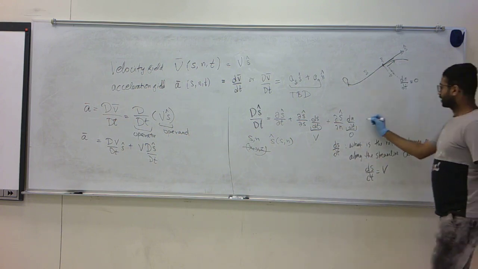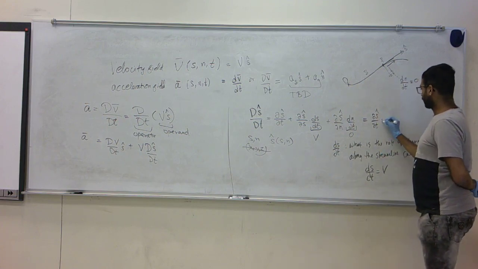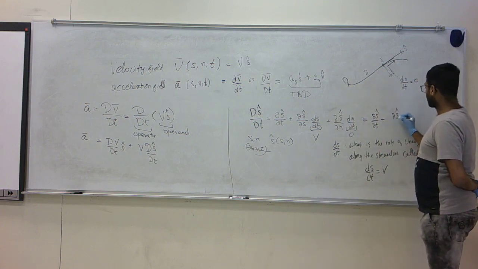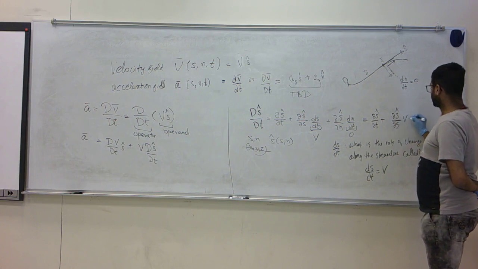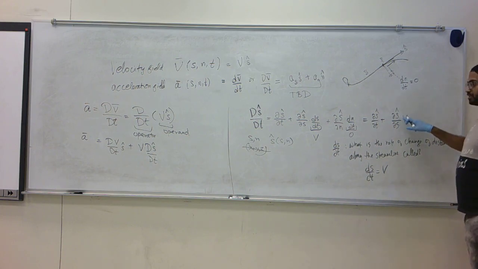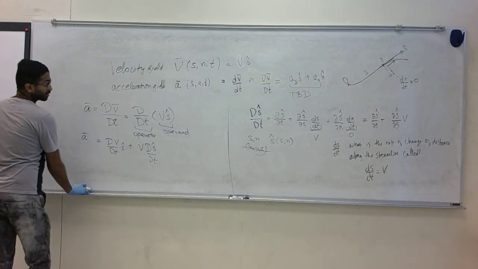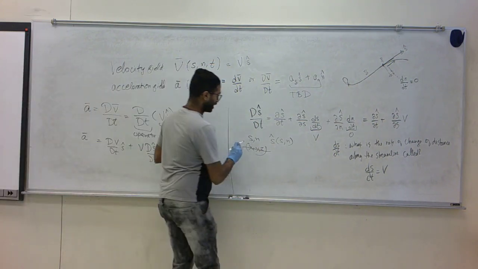So what I have here is ds-cap over dt plus ds-cap over ds times v, plus a third term which is 0. So I need to write what is partial s-cap over partial s.